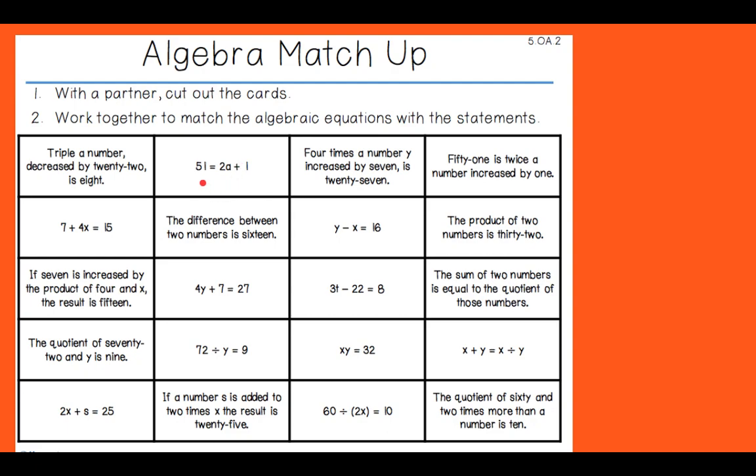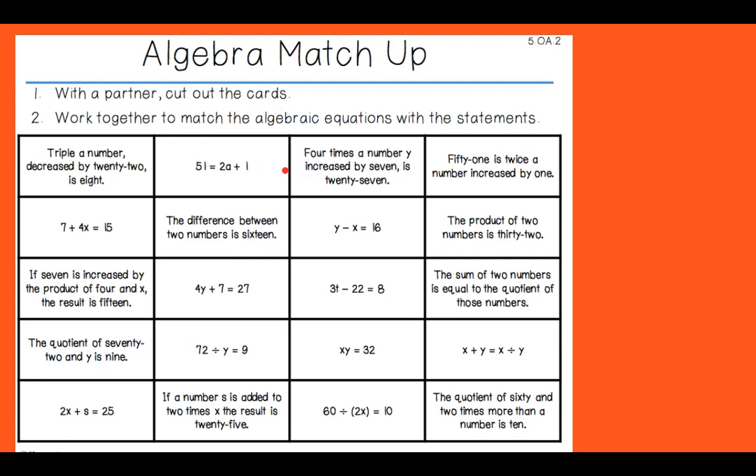But let's say I needed to find this expression in words, right? I will look. 51 is twice, no, it's not that one, right? Twice a number, oh yes, it is this one. 51 is twice a number increased by 1.